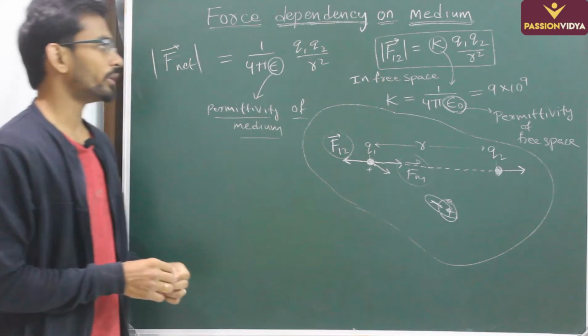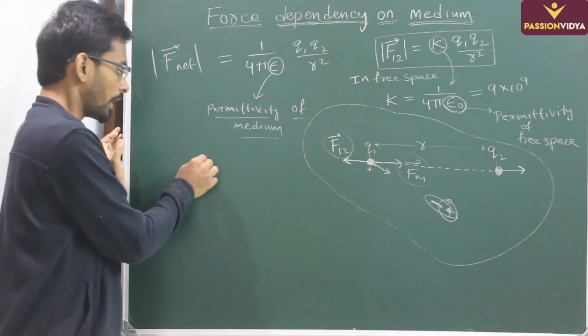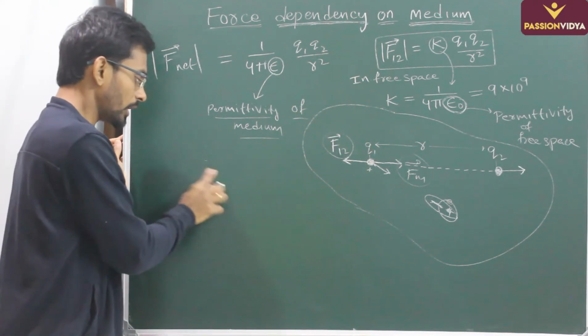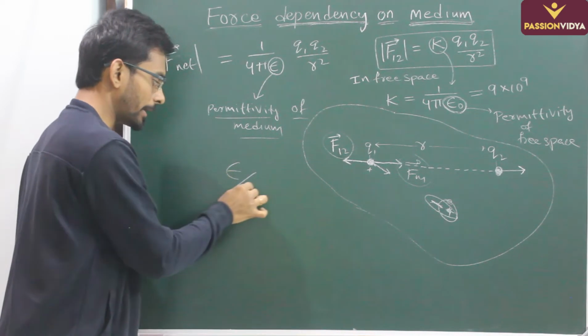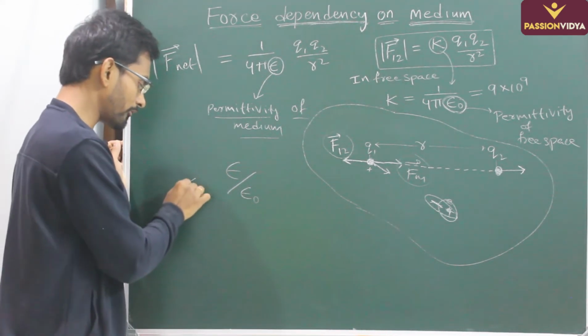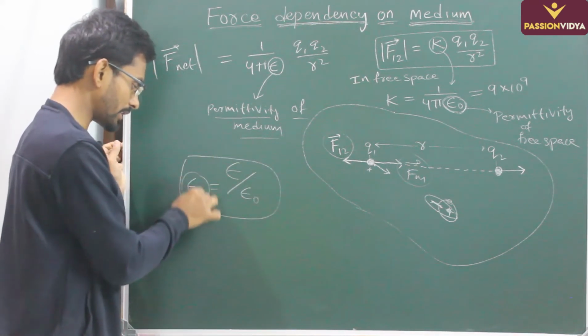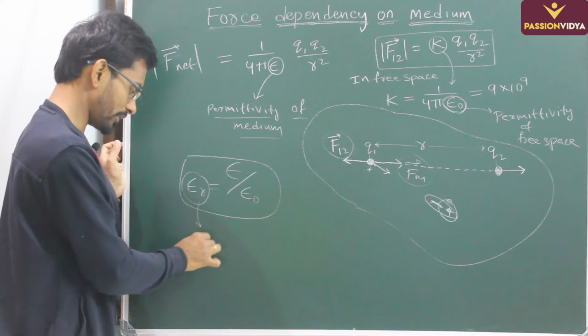Now when you compare the permittivity of the medium and the permittivity of free space, permittivity of medium by permittivity of free space is termed as the relative permittivity of the medium. So here epsilon r is termed as the relative permittivity.